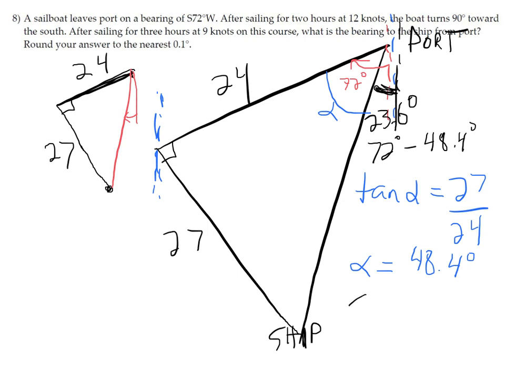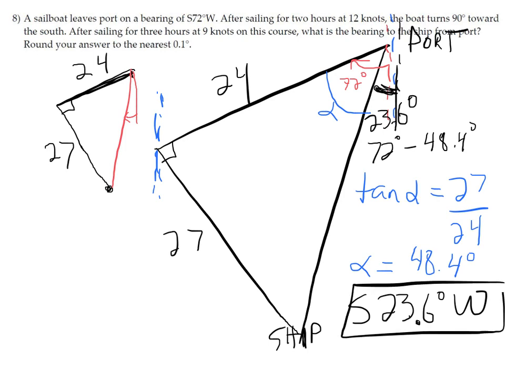So we would be going south 23.6 degrees west. And we saw this as a right triangle because we were blessed by this guy turning 90 degrees towards the south. Oh, thank you. If not, this would have been a little more work, but this was a very nice problem.